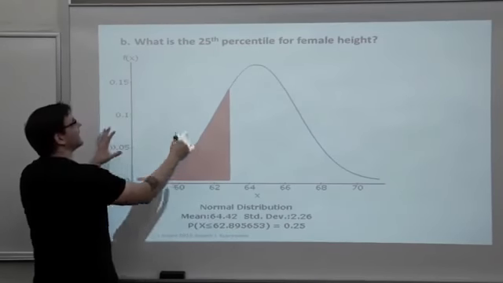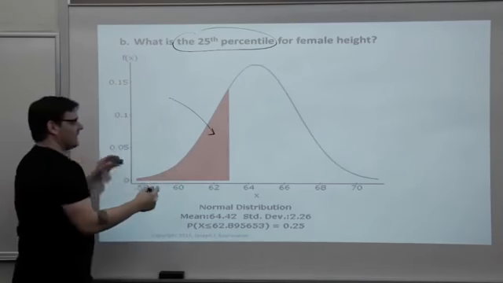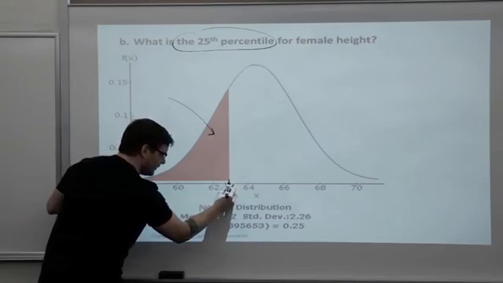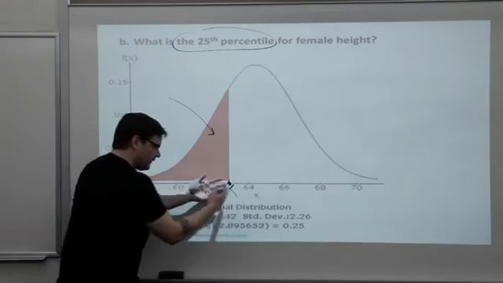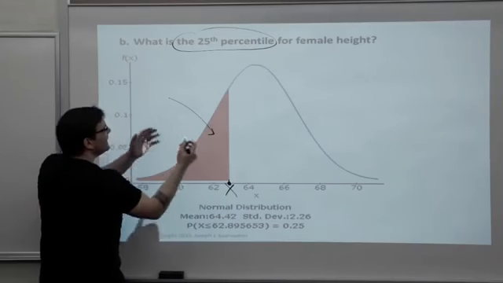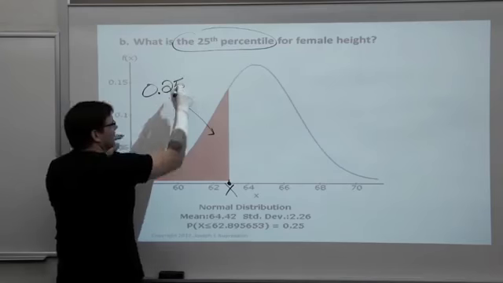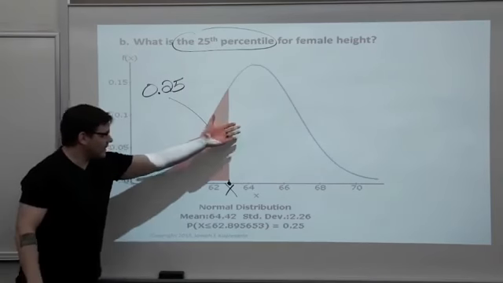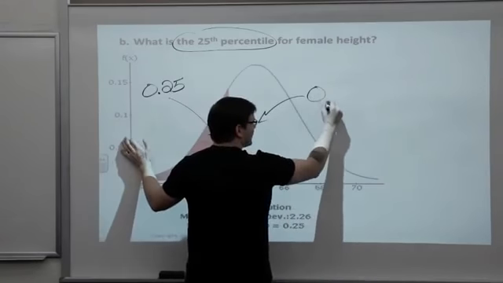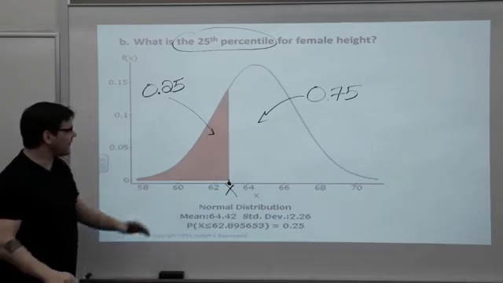All right, so here's what we did this time. 25th percentile says, I need to solve for the height. I don't know, I'll call it X here. What height? This is my number line with heights on it, horizontally. That's the answer to the question. And what we did is we put 25% of the shaded area, the total area, to the left, and that would leave the rest, which is 75%, or 0.75, up to the right.